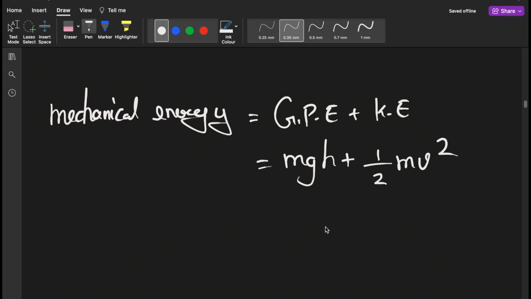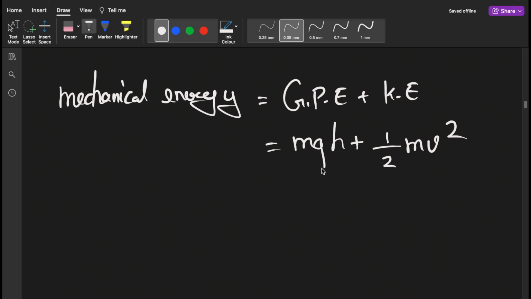That's exactly correct. So gravitational potential energy is when you lift anything. Let's suppose this is a calculator. If you lift it by some height, then energy is stored inside that calculator. If I leave it, the calculator will go down. Why?